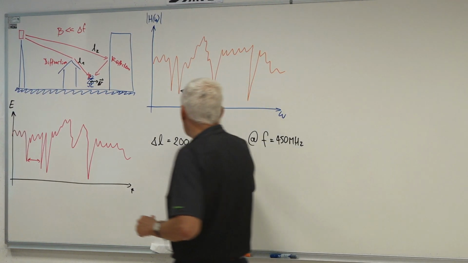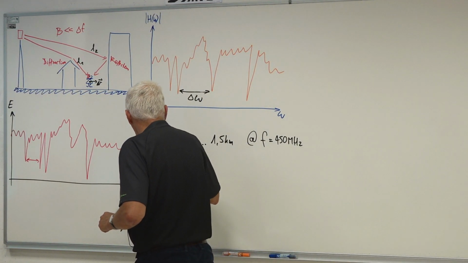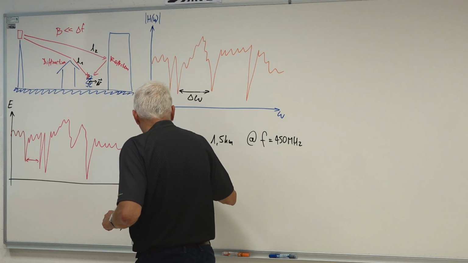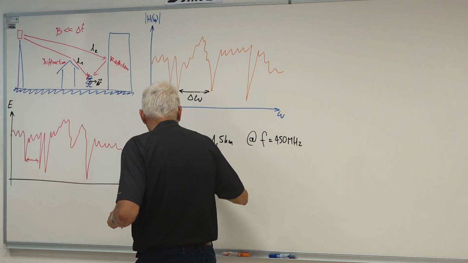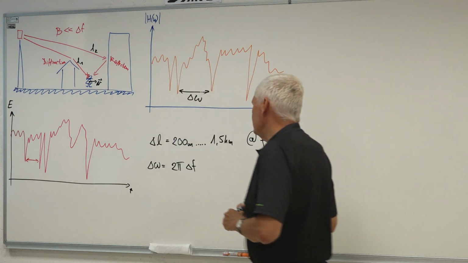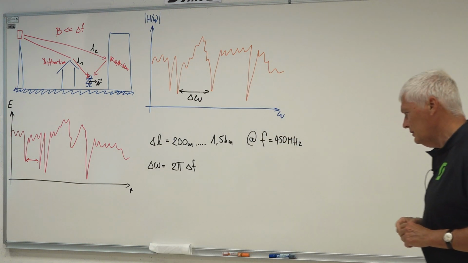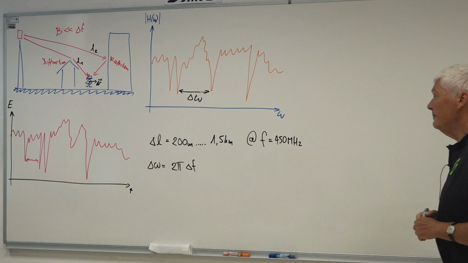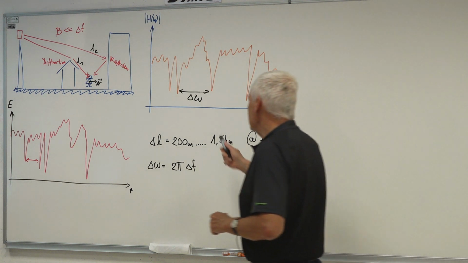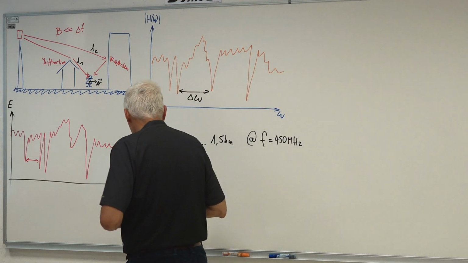Now, of course, this delta omega in the frequency domain is 2 pi times delta F if we go to standard frequency, not angular frequency. What can we tell about this delta omega or delta F here?